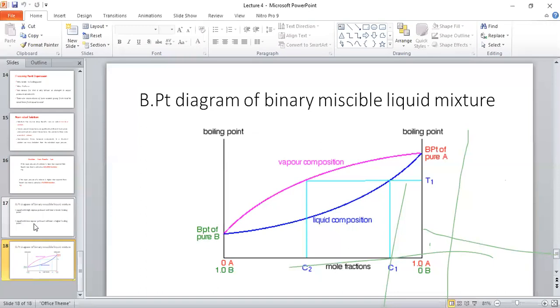You have the boiling point of pure liquid B on the left axis, and on the right side the boiling point of pure liquid A. Then when you mix them, there's a tendency of positive deviation and also of negative deviation.